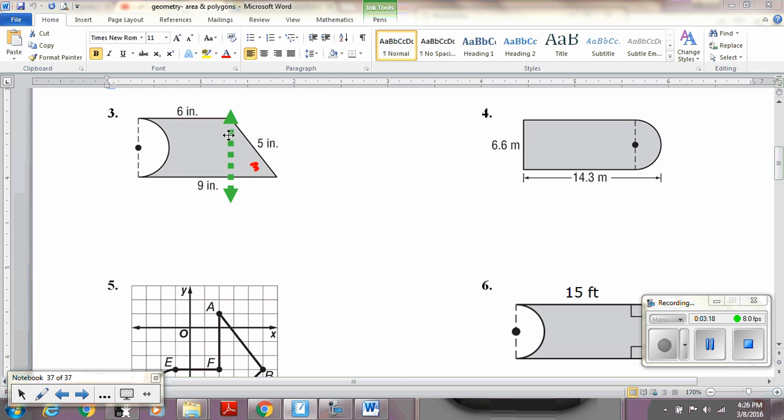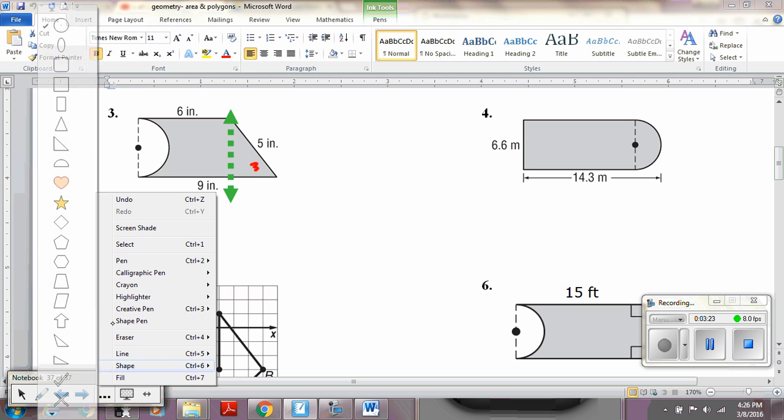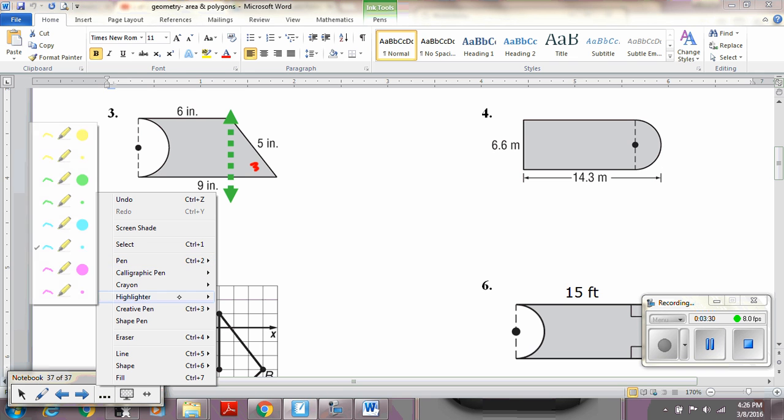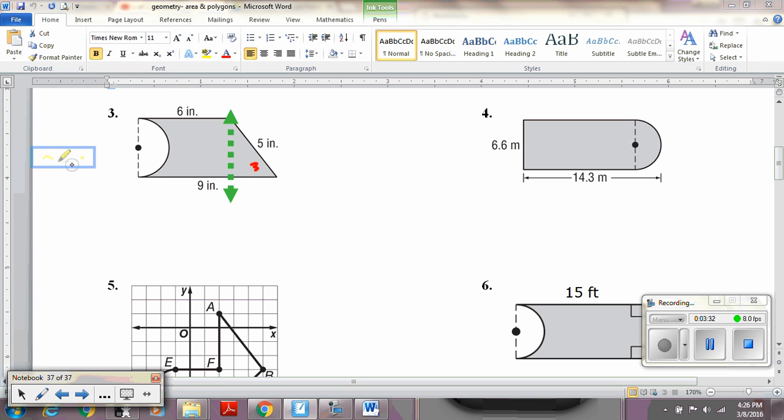To find the shaded region, I would find the area of the triangle and then the area of this rectangle formed by the end of the triangle and these two pieces. Add those two areas, and then subtract the area of the semicircle. That's a lot to do, but it must be done.